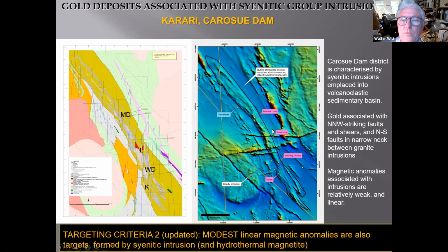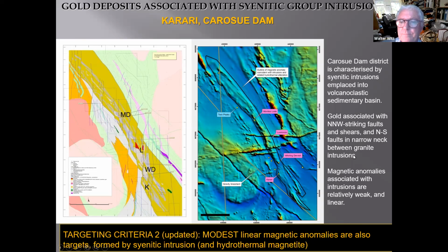On the right-hand side, we see this volcaniclastic basin outlined in the black dotted line. Within that, we see a number of relatively modest linear magnetic anomalies, and these tend to be coincident with the syenitic intrusions. Gold is associated with north-northwest trending faults within this basin, and with the north-south faults which cluster around the narrow neck between the 2 granites on either side of the volcaniclastic belt.